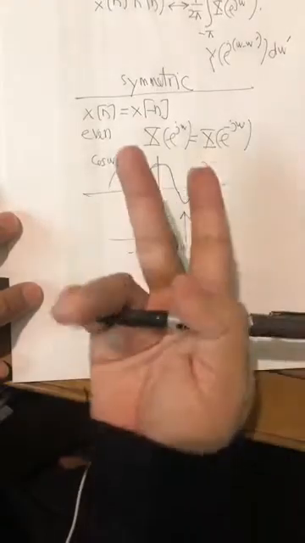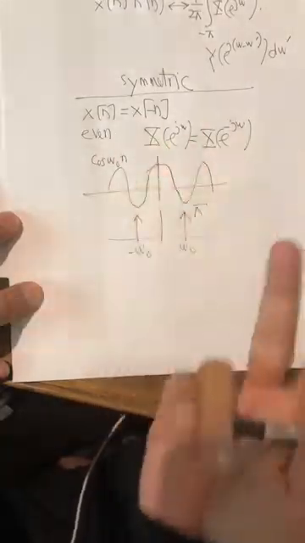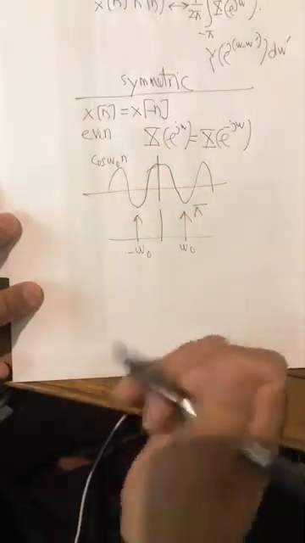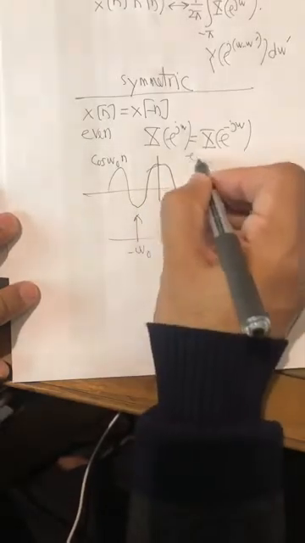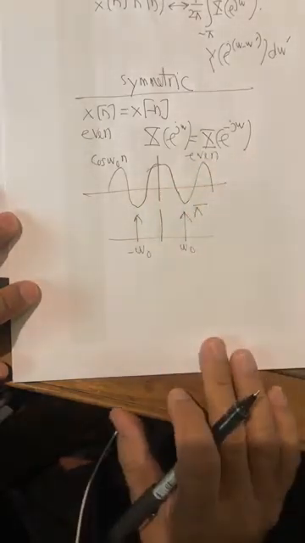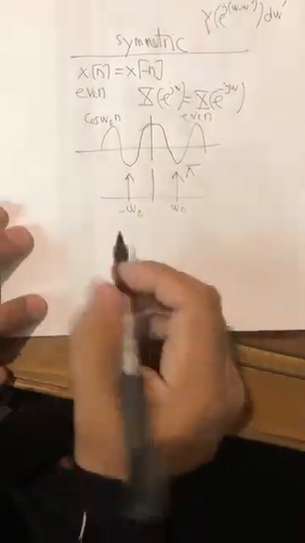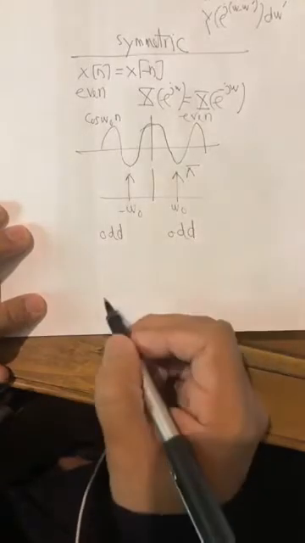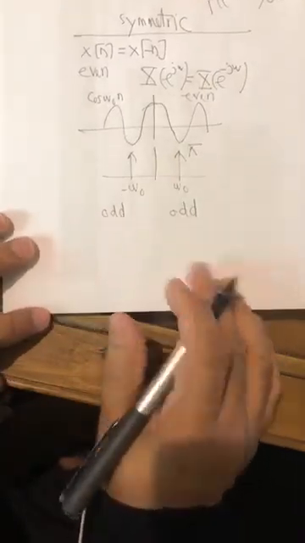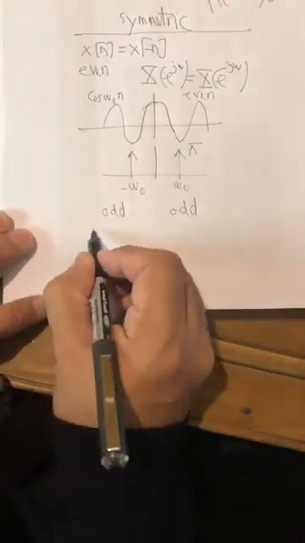So if you flip the signal, you flip the Fourier transform, it remains the same. So an even signal has an even Fourier transform, and similarly an odd signal has an odd Fourier transform.